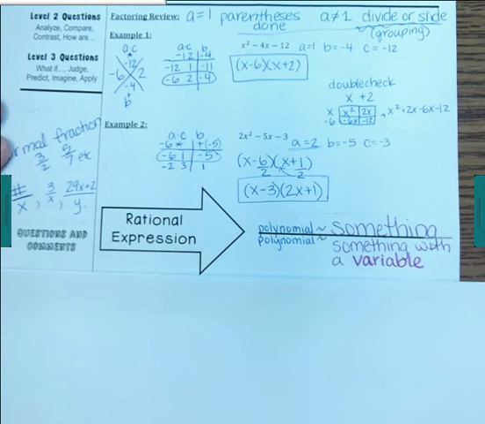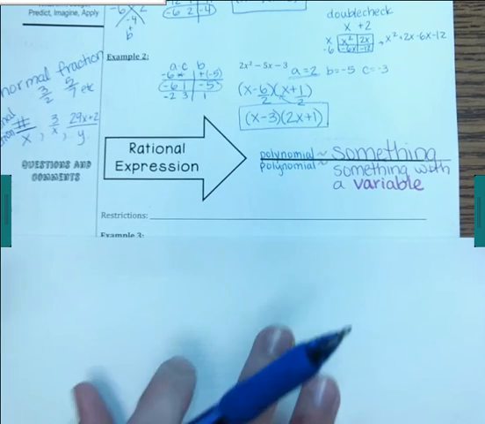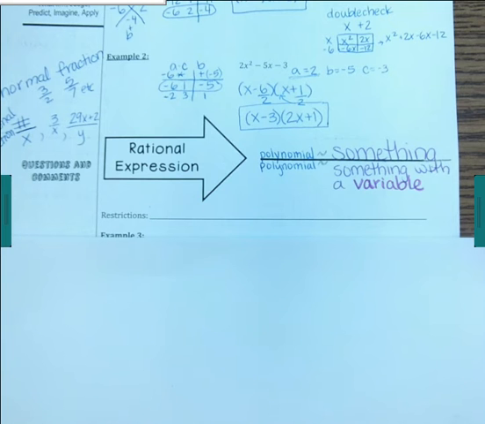Now, we need to talk a little bit about restrictions. Okay, so we'll talk about what it is and how we can find it. So a restriction is a value of x that would make the denominator 0, and it would therefore make the function undefined.